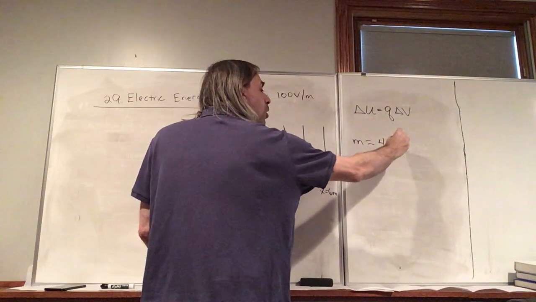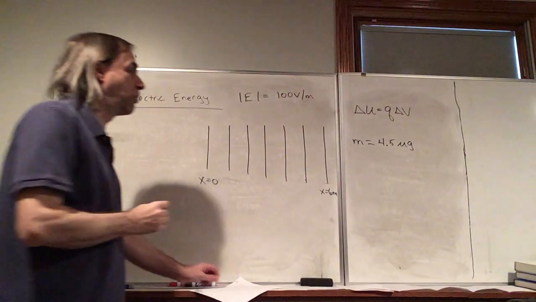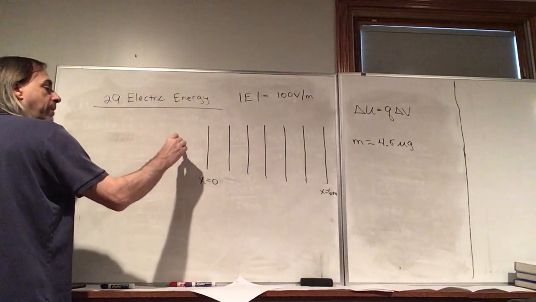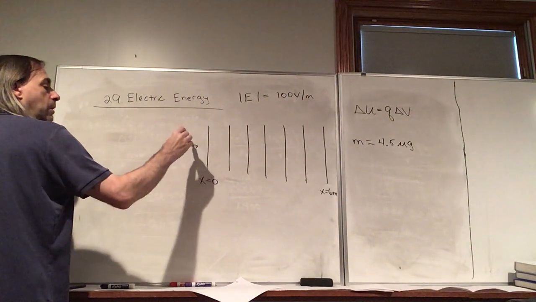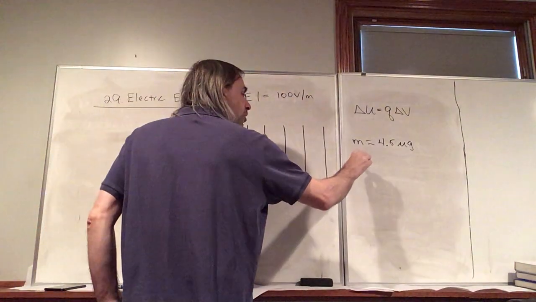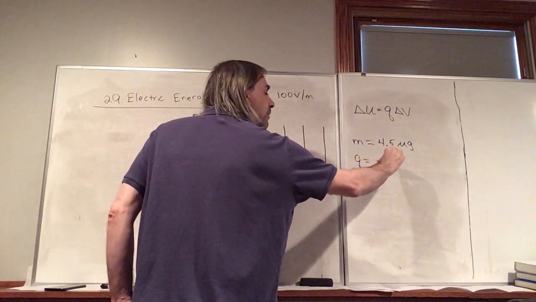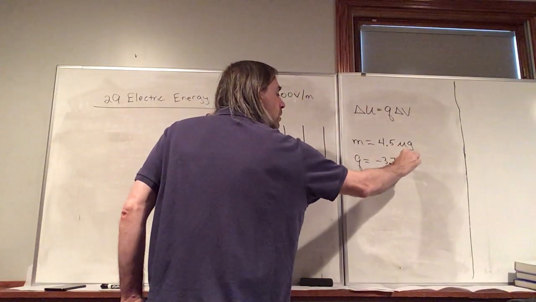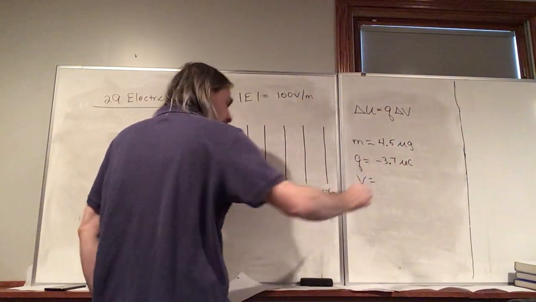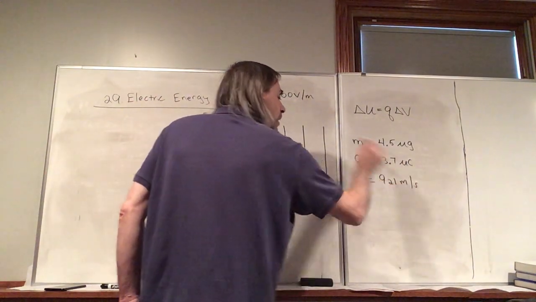Say it's a very small particle, 4.5 micrograms. And we're going to fire it into this region with an electric field. This particle has a charge of minus 3.7 microcoulombs, and it has an initial velocity of 921 meters per second.